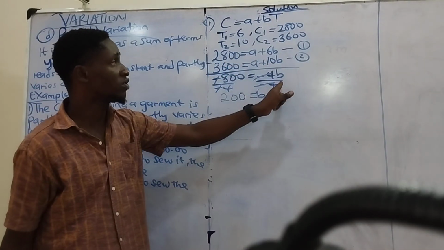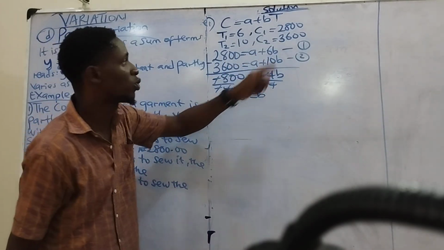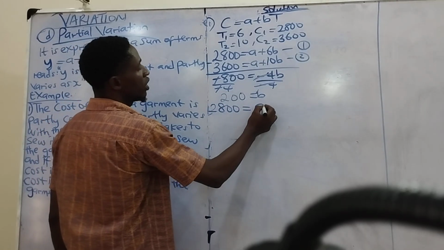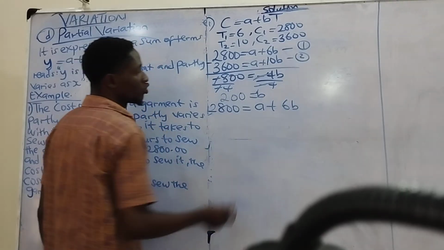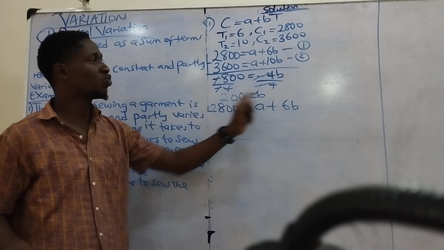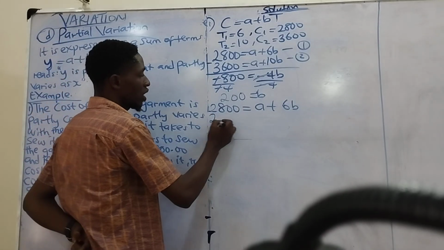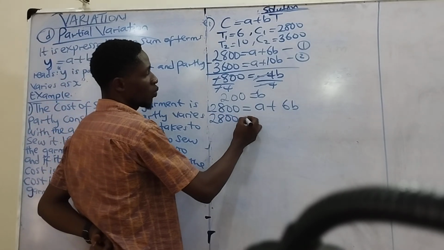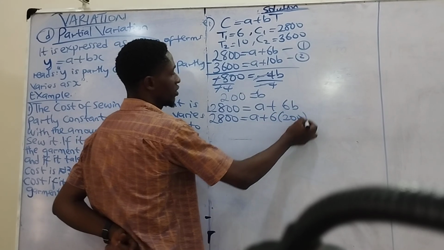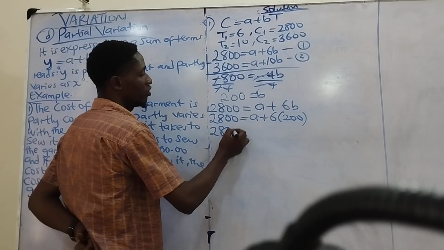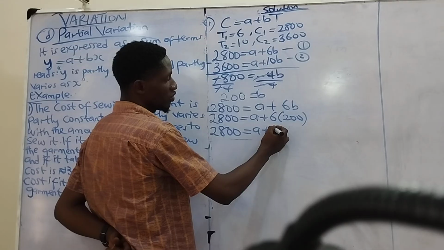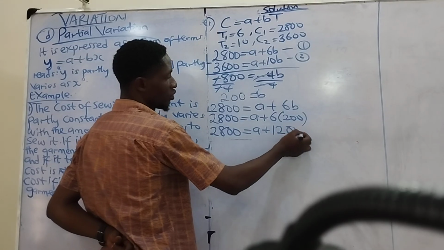Then you can use any of these equations to find the value of A. Let's use equation 1. So we have 2,800 is equal to A plus 6B. So we are going to substitute. Anywhere we see B, we'll replace it with 200. So I have 2,800 is equal to A plus 6 bracket 200. 6 times 200 should give us 1,200.